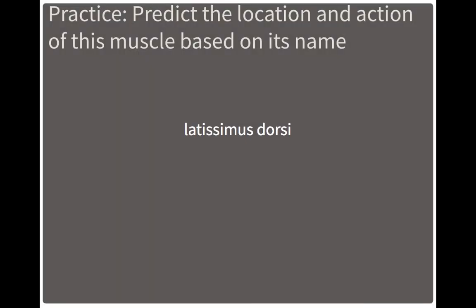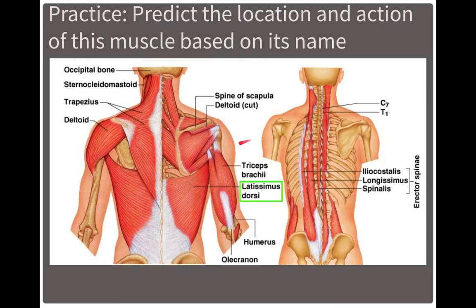Okay, next, latissimus dorsi. So lat meaning across, latissimus, that indicates that it's of greater size, right? Like maximus, latissimus, and then dorsi meaning back. So the latissimus dorsi stretches laterally.